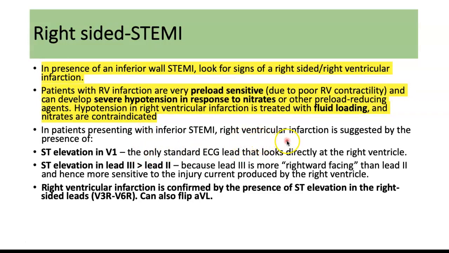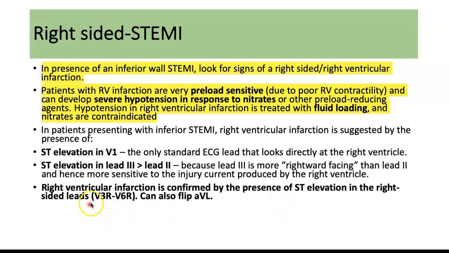So in a patient presenting with an inferior STEMI, right ventricular infarction is suggested by the presence of ST elevation in V1, and ST elevation in lead 3 being greater than lead 2, because lead 3 is more rightward facing. Right ventricular infarction is confirmed by the presence of ST segment elevation in right-sided leads. So you would want to obtain a right-sided EKG.